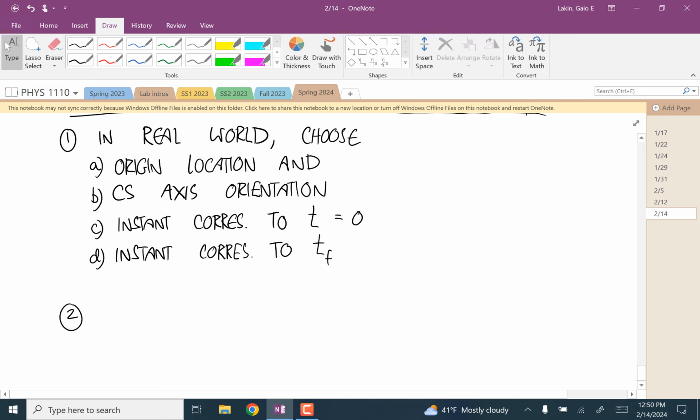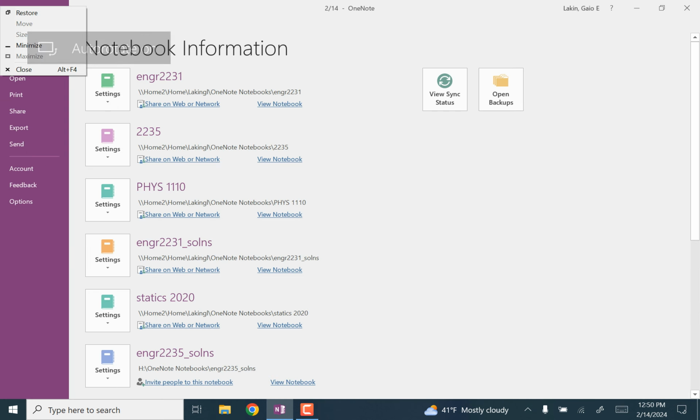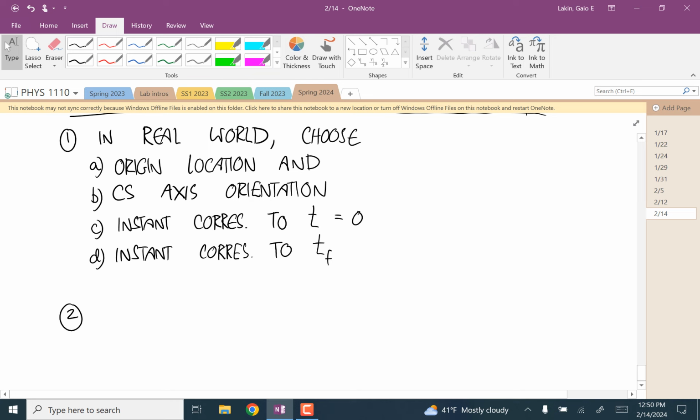Second, well, what was the second step in 1D? The second one that I always said is list out what you know and what you want. So that's what we're going to do here. So we're going to list the variables we know and what we're trying to find.